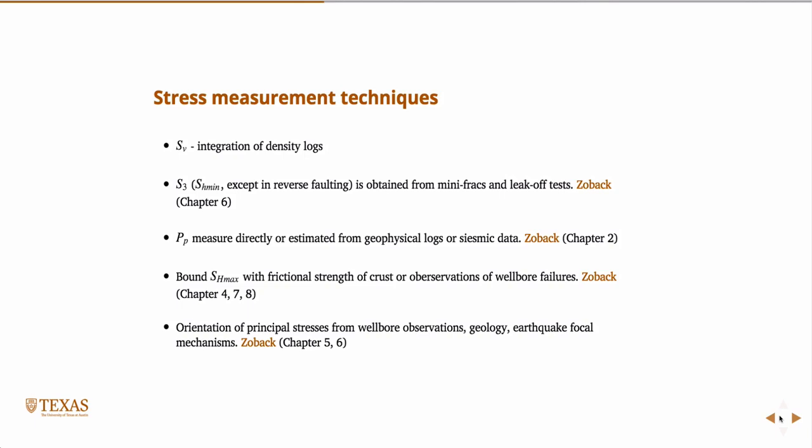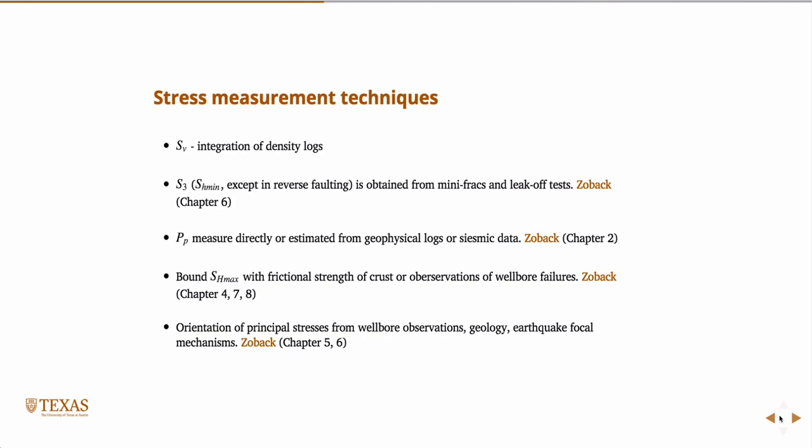Occasionally you'll stop and perform one of these tests, and then you'll look at the bottom hole pressure profile, and you can infer some information from the bottom hole pressure about when you create a hydraulic fracture and when it closes. And then from that you can get a relatively good estimate of the minimum horizontal principal stress, or what S3 is, okay?